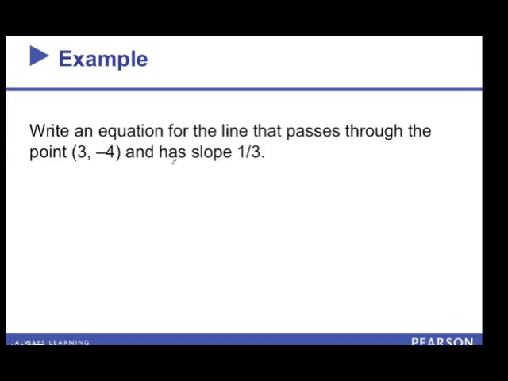Find the equation of the line that passes through this point, my x1 and my y1, with slope 1/3. So y minus -4, the y1, equals the slope 1/3 times x minus x1, which is -3.